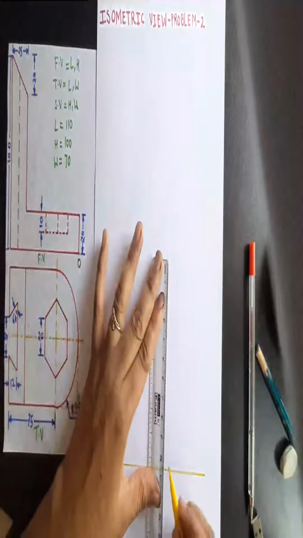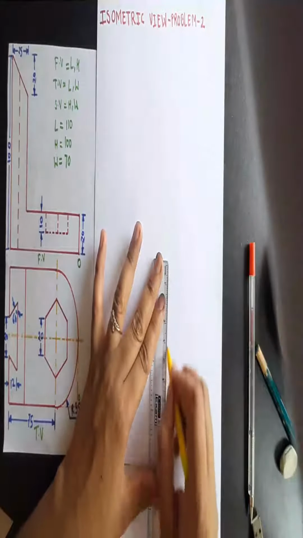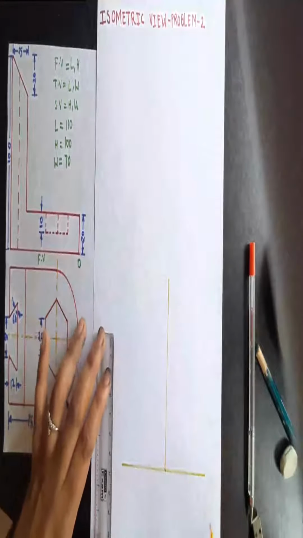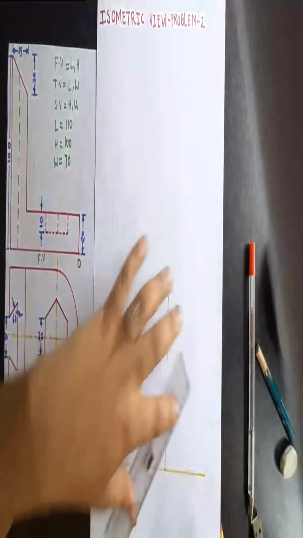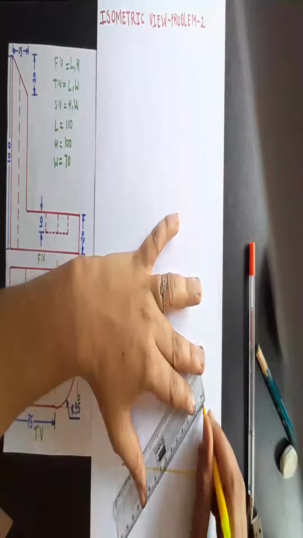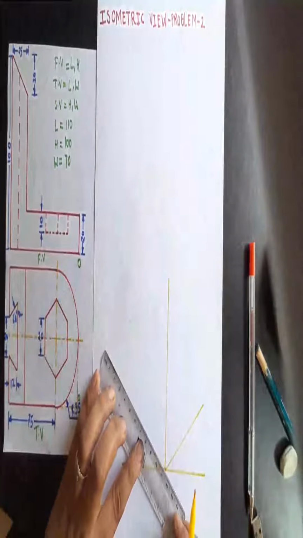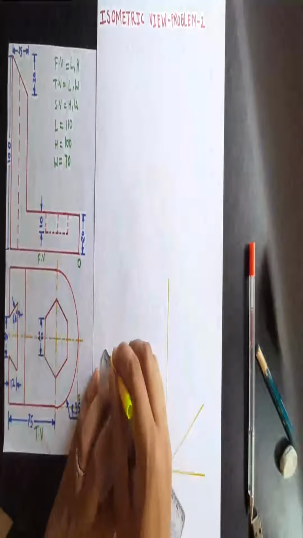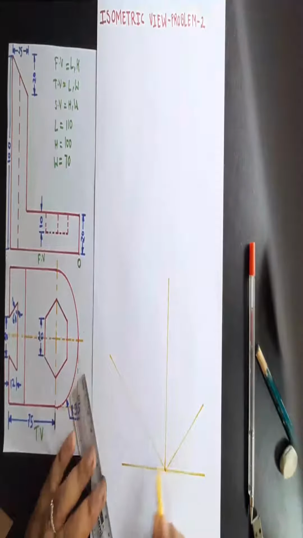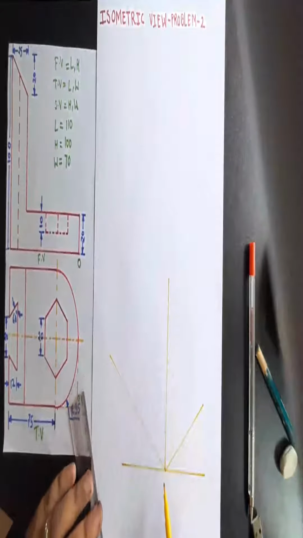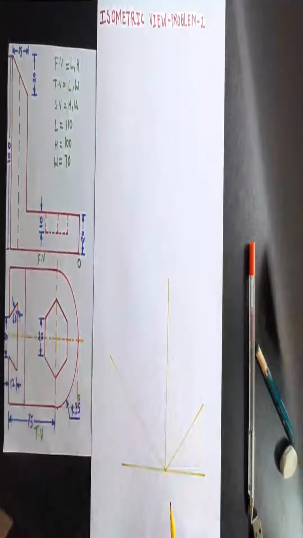So let me draw the vertical axis, and the remaining two will be at a 30-degree angle. You can take the protractor or you can use the compass to draw the 30-degree angle. I have already marked it over here, so I'm directly drawing it. These two axes are at 30 degrees to the horizontal, and this one is perpendicular, or you can say vertical.